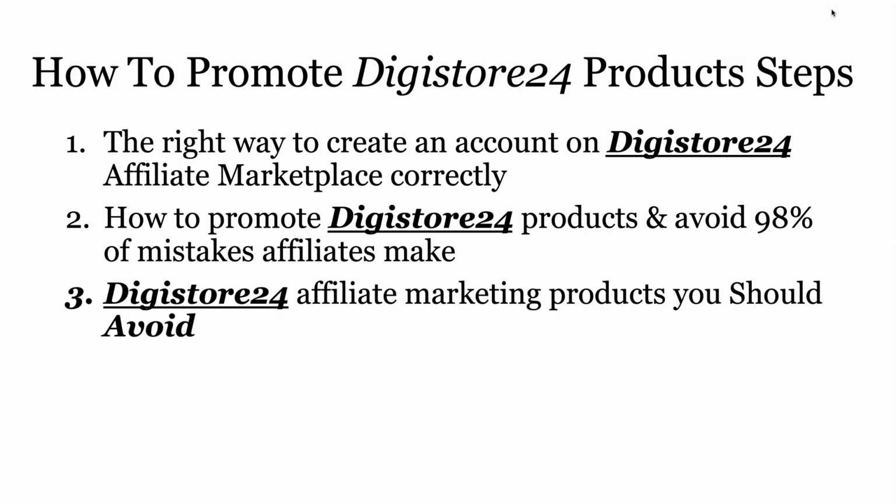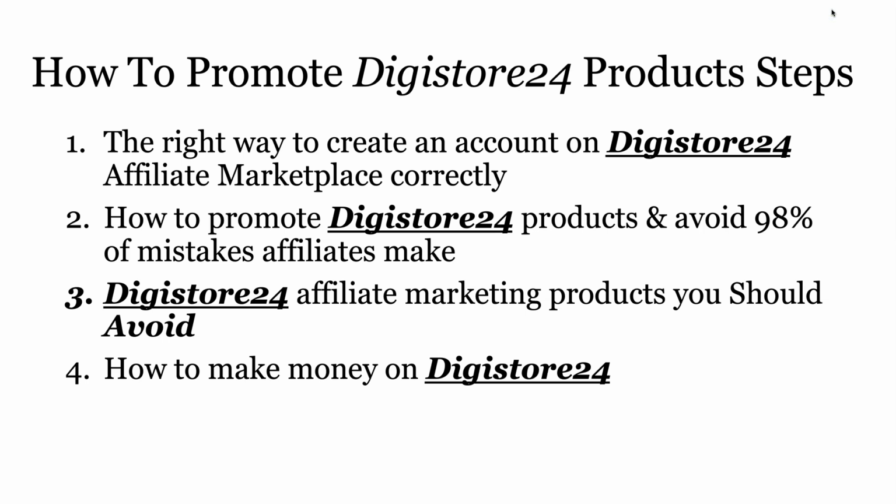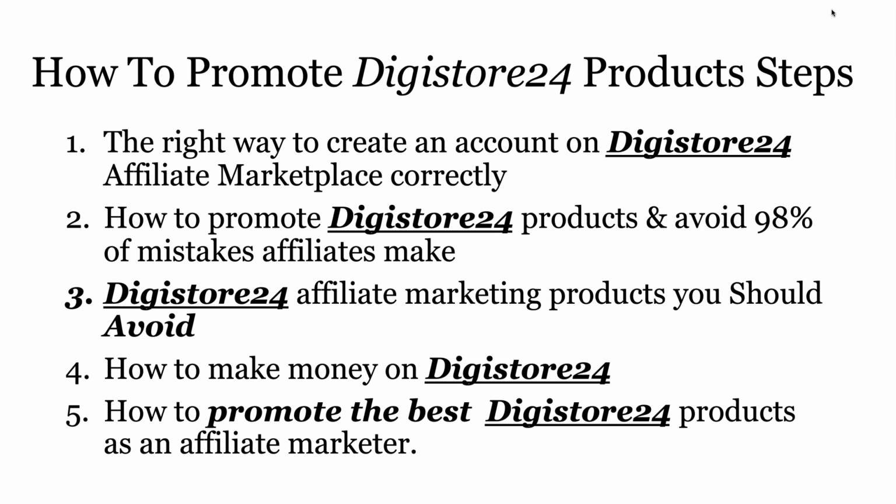Step number 3, Digistore 24 affiliate marketing products you should avoid. Step number 4, how to make money on Digistore 24. And finally, step number 5, how to promote the best Digistore 24 products as an affiliate marketer.